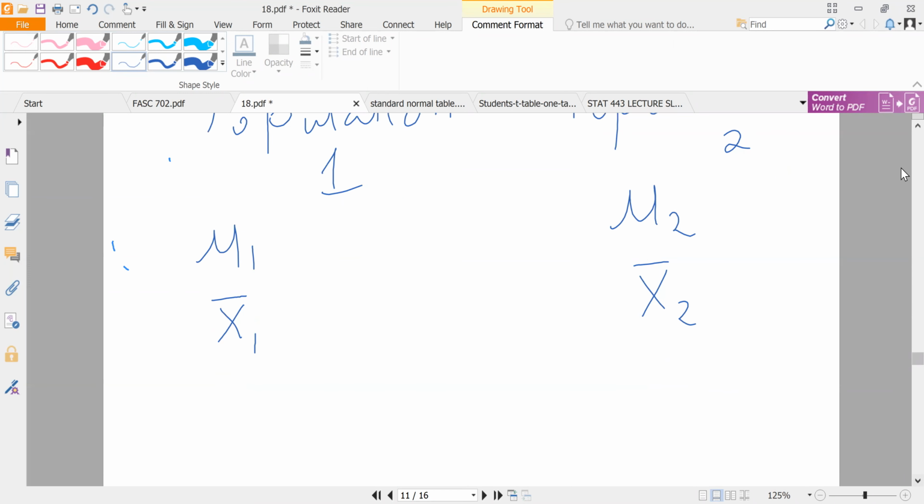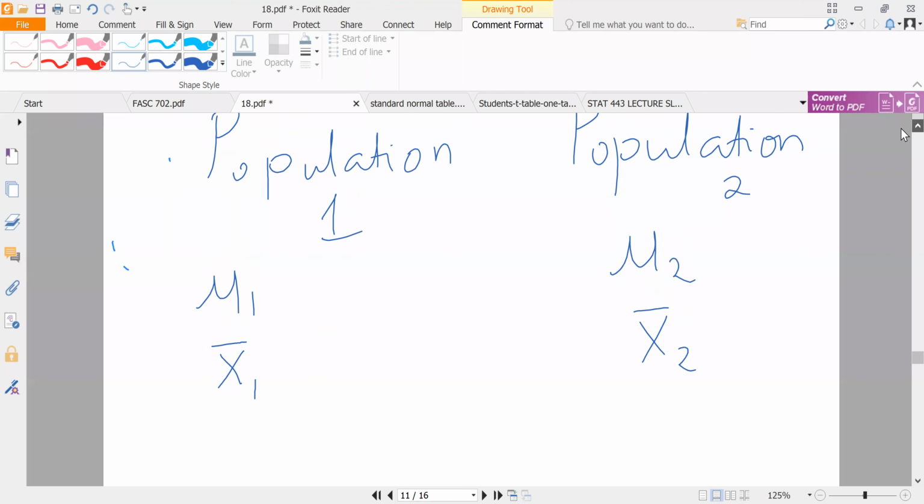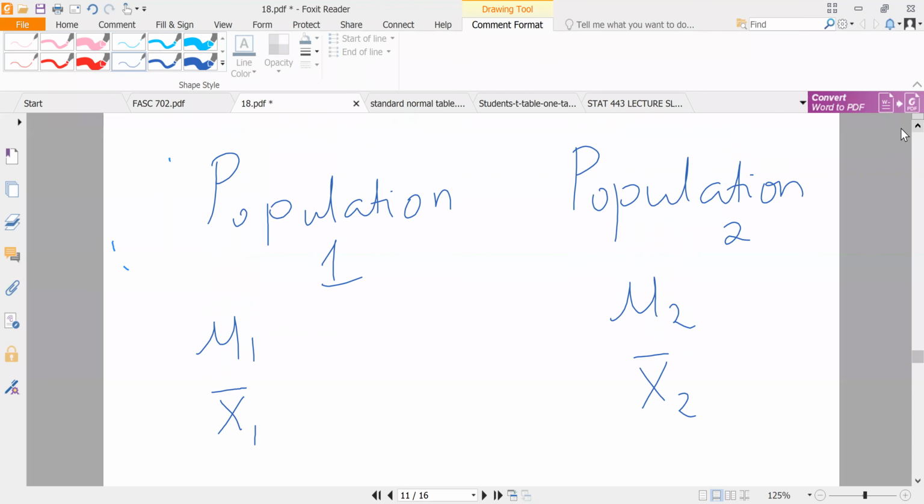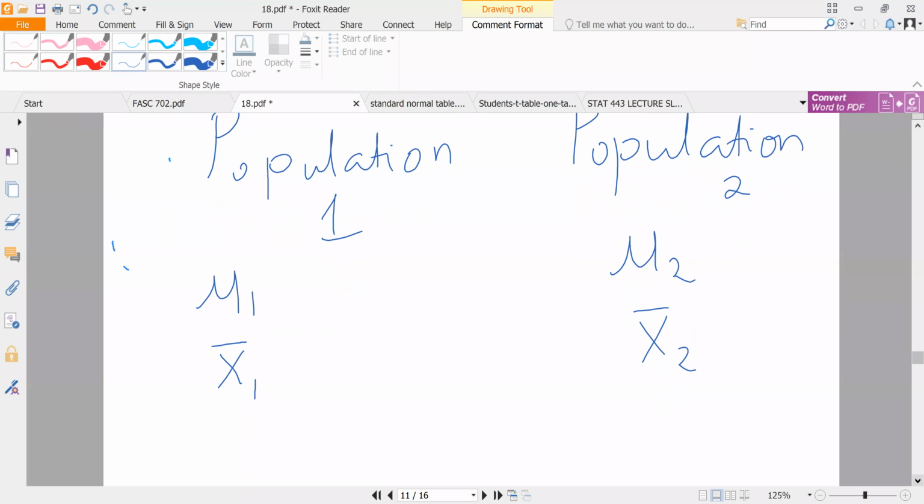So the main assumption for comparison in statistics is that the two populations are independent. They don't share any common characteristics. So population 1 is very distinct from population 2. But we want to see if there is a difference in a particular characteristic in either of the populations.